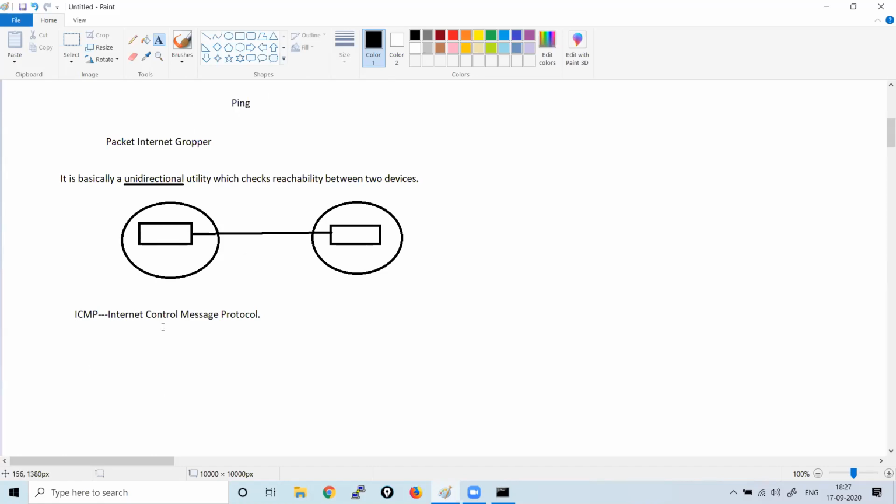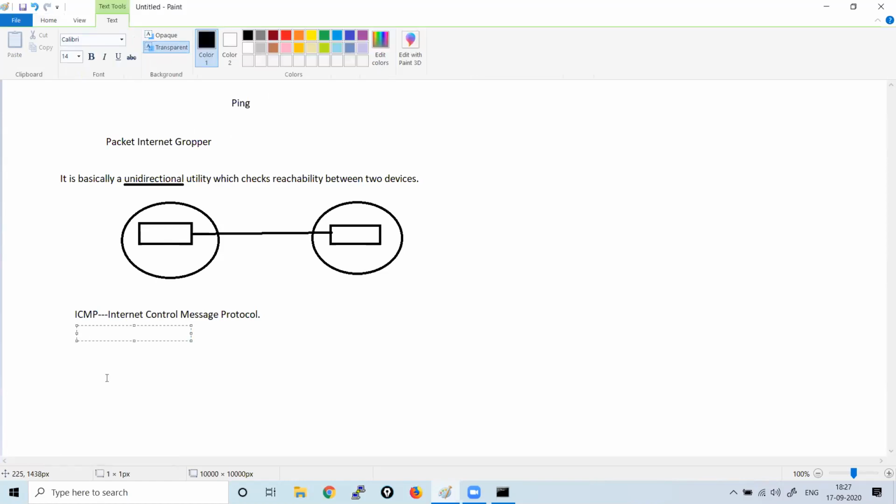ICMP is a layer 3 protocol. Layer 3 means which layer? Tell with confidence. Network layer. See, you should first remember the OSI model. All people seem to need data processing. This is the easiest way to remember OSI.